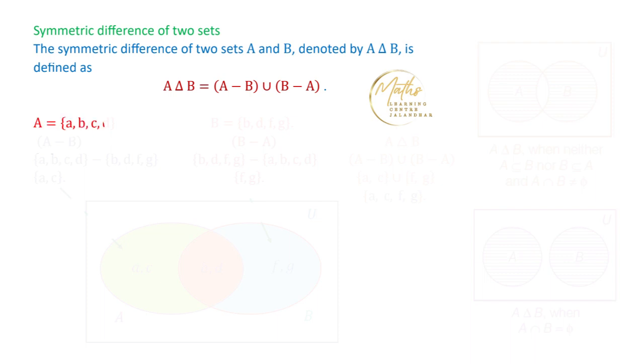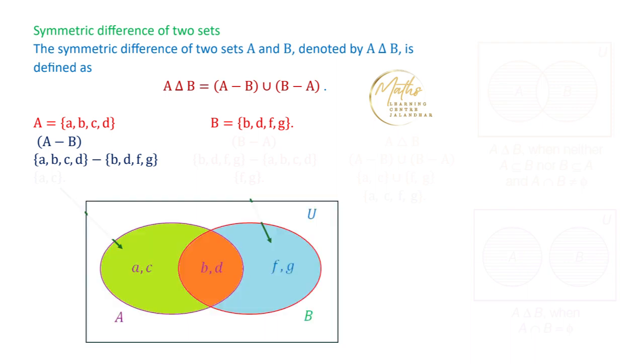We are saying A has elements a, b, c, d. A set B is there, it has elements b, d, f, g. Now if we calculate A minus B, we are talking about the collection of those elements of A which are not present in B. They are shown over here.